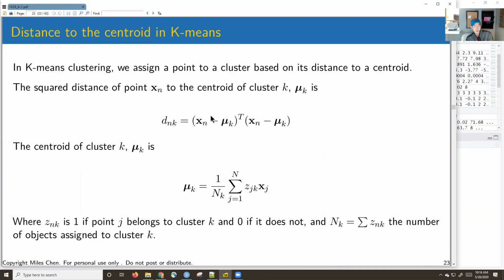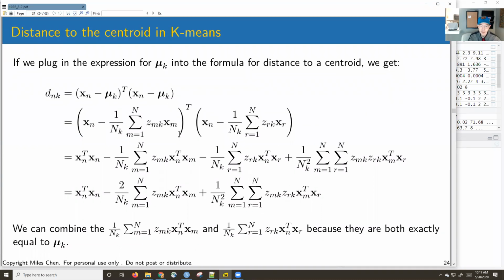And just to keep track of all of our subscripts, this summation here will go from m equals 1 to n, and this summation, for whatever reason we've chosen r, will go from r equals 1 to n.